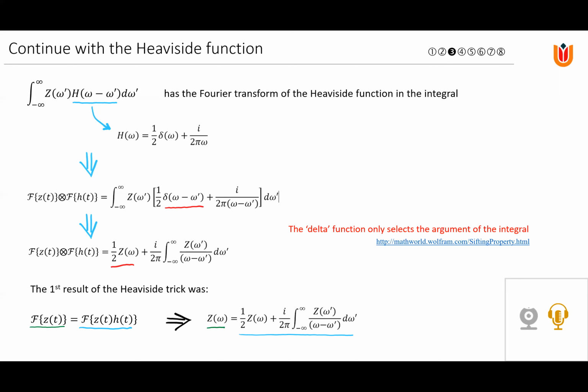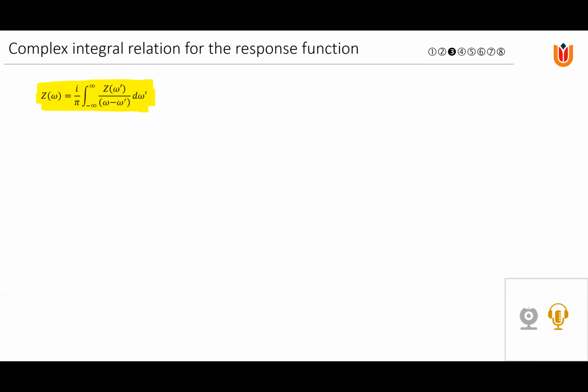On the right-hand side, what we just derived here, is a little bit more complicated expression. And these two should then be the same. And as you can see, there is a Z of omega on this side, and there is Z of omega on that side. So we can, of course, bring these two together and end up with this expression.